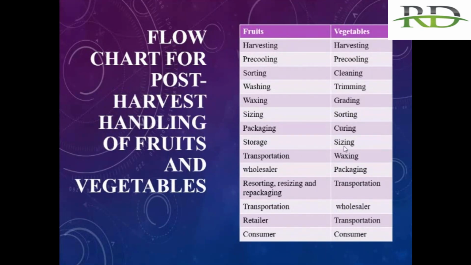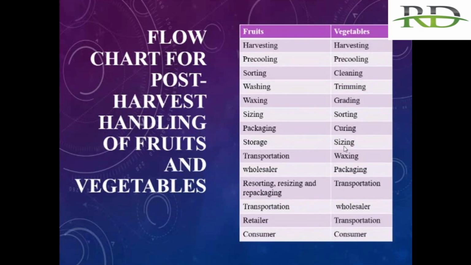A little bit different from fruit is the vegetable, because most vegetables are harvested at the tender stage. They all go through the same process, like harvesting. Then after harvesting, they have to go for pre-cooling, cleaning, and trimming. Trimming is done because along with some vegetable produce, the leaves and twigs are there.